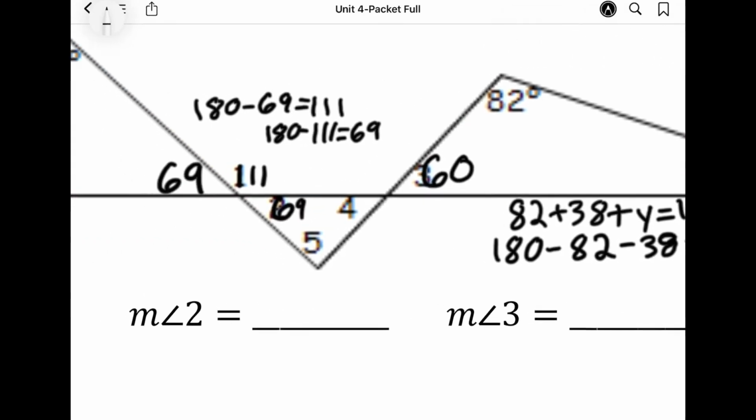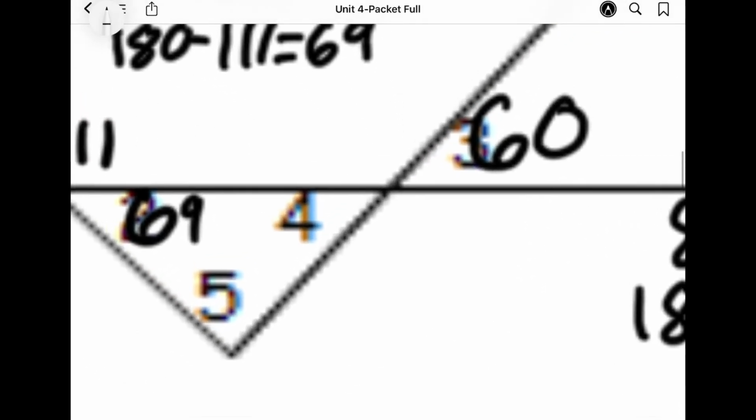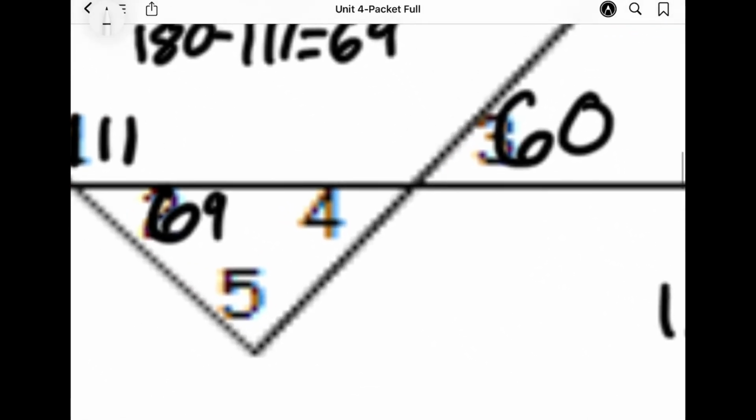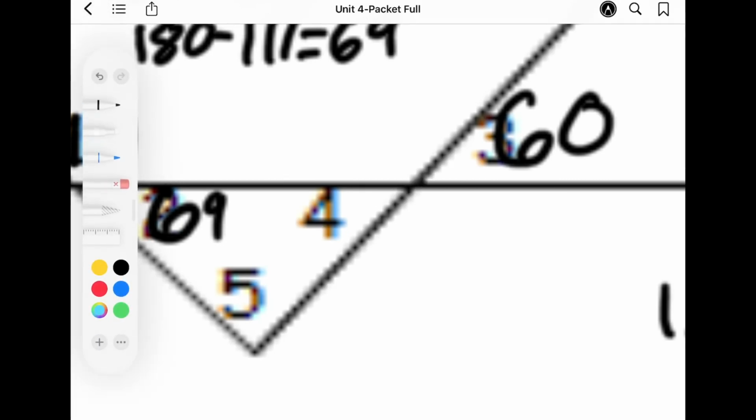So then we keep going. Well, if you remember what we talked about in lesson 1, you can realize that these 2 angles are going to be vertical angles. If you cannot see that, you have to go through the process of identifying that angle 3 and this angle beside it creates a straight line.